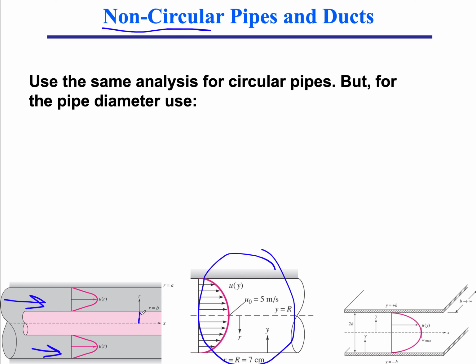The first cylinder has a radius B, and the second cylinder has a radius R equal A. Or what if we have a rectangular duct? We see those ducts of width B and height H, or height here 2H. What kind of equivalent diameter should we use to have the Moody Chart work in our favor?